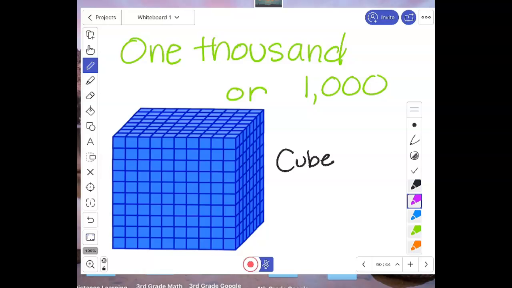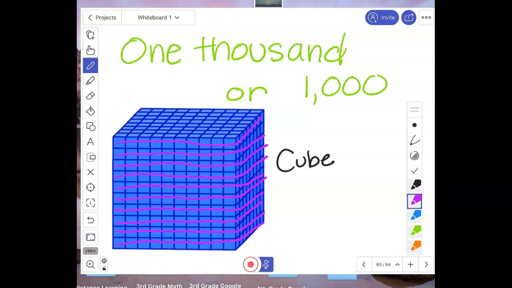And you can see in the picture, here are the flats. Here's the first flat, and then on top of it is the next flat. And they stack them up kind of like a cake. 3 flats, 4 flats, 5 flats, 6 flats, 7 flats, 8 flats, 9 flats, and here's the 10th flat.